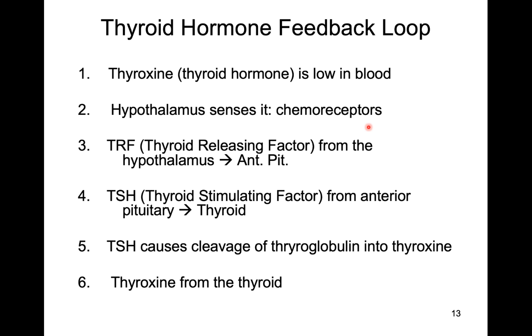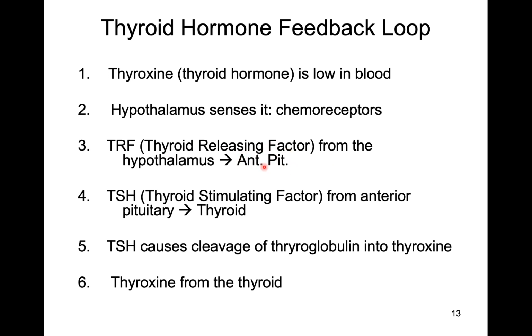That blood eventually gets to your brain. The hypothalamus has chemoreceptors that sense that you have low thyroid hormone in your blood. The hypothalamus will say, hey, because they have low thyroid hormone, let me make thyroid releasing hormone and send that to the anterior pituitary.